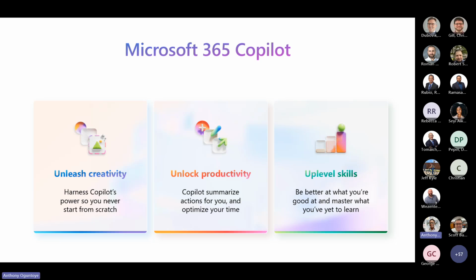Microsoft 365 Copilot works alongside you in the apps you use every day. So by unleashing creativity, you can harness Copilot's powers so you never start from scratch. By unlocking productivity, Copilot summarizes actions for you and optimizes your time. You can up-level your skills by being better at what you're good at and master what you're yet to learn.